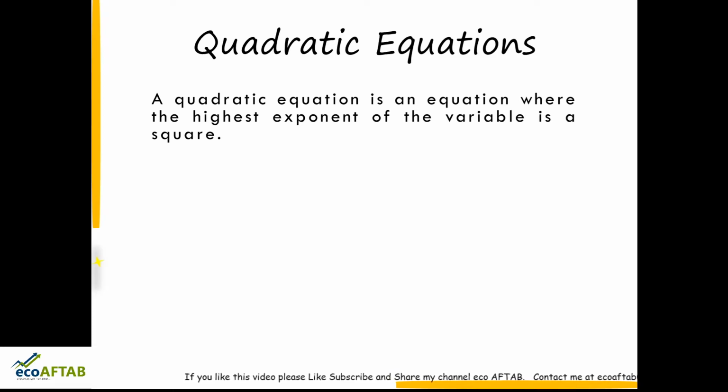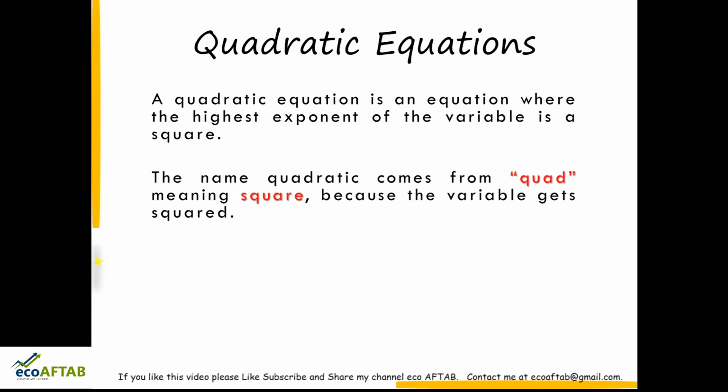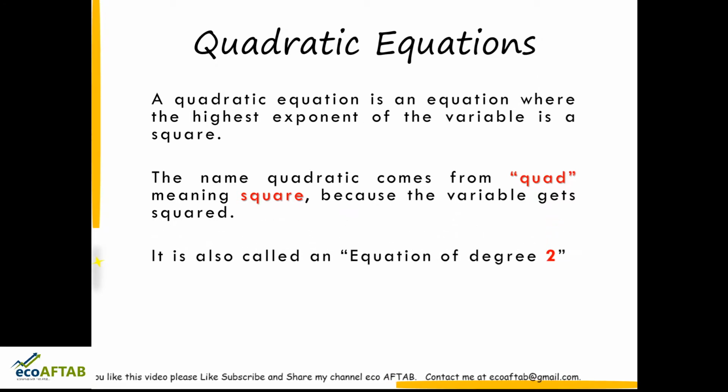This is the reason in my previous class we understood the meaning of exponents, and also the different concepts such as coefficients and variables. Moving ahead, the name quadratic comes from the word quad, which means square, and it is a quadratic equation because the variable gets squared. It is also called an equation of degree 2.